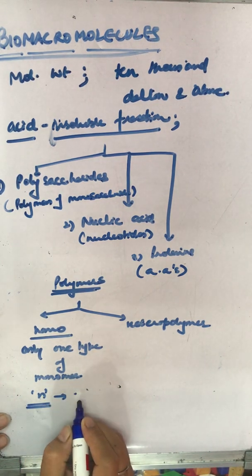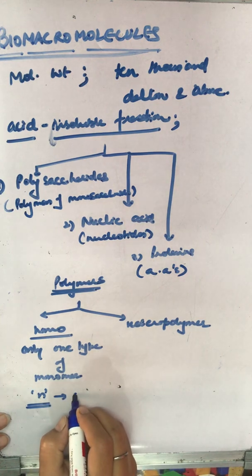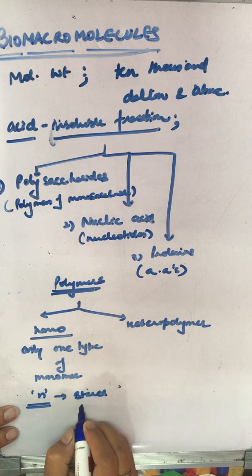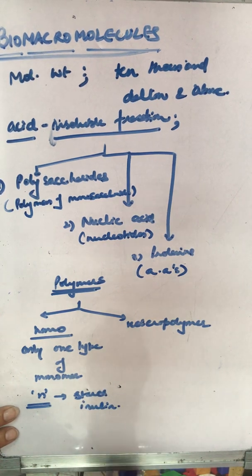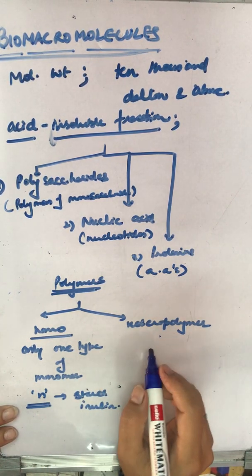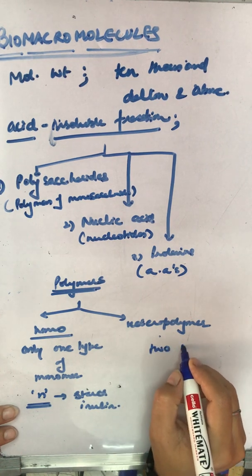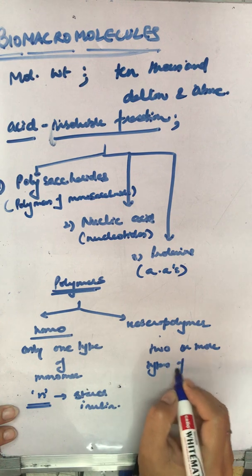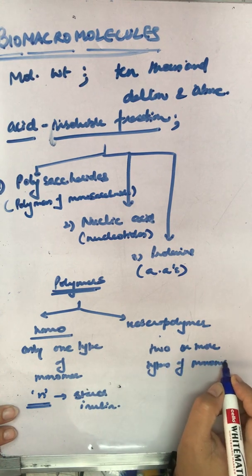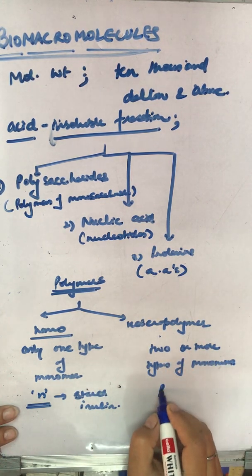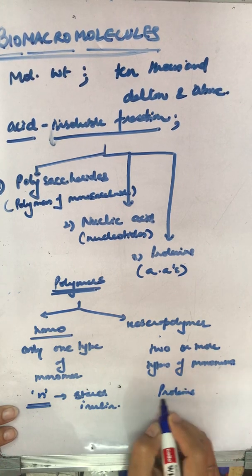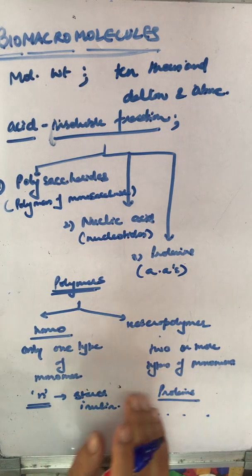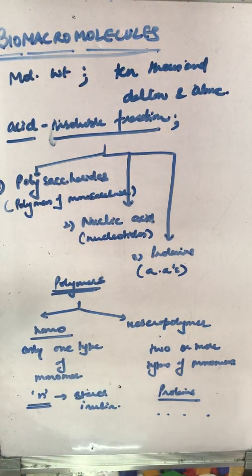Examples are starch and inulin. A heteropolymer has two or more types of monomers, for example proteins. There can be many in the chain. Now, starting with the first basic structure of proteins.